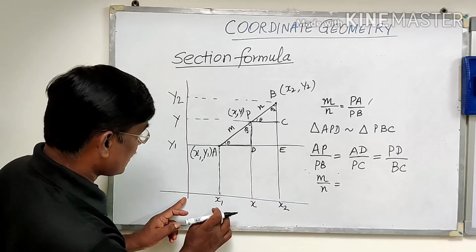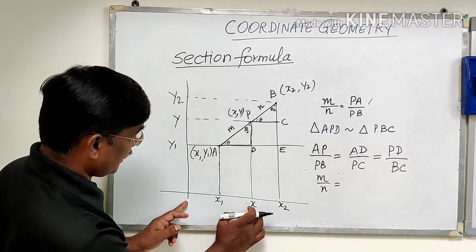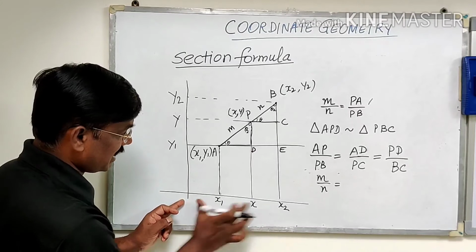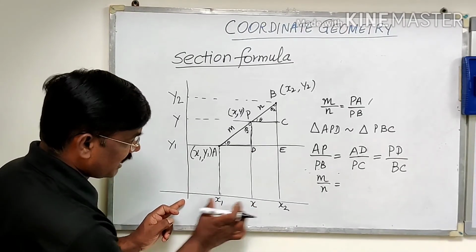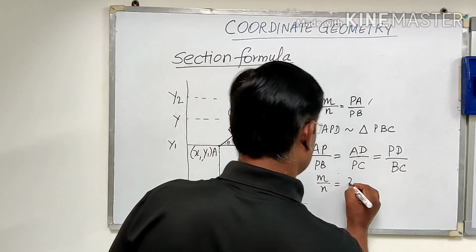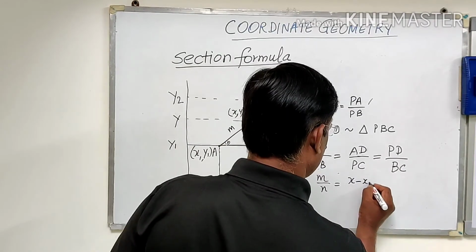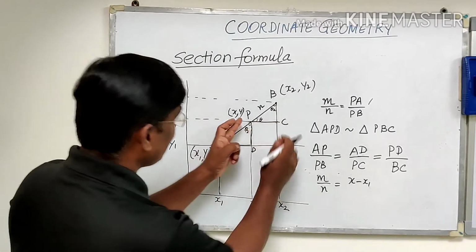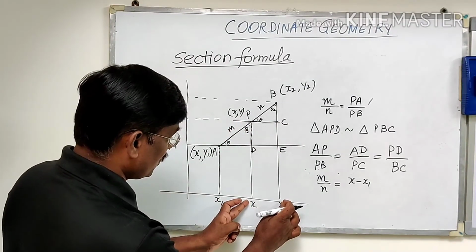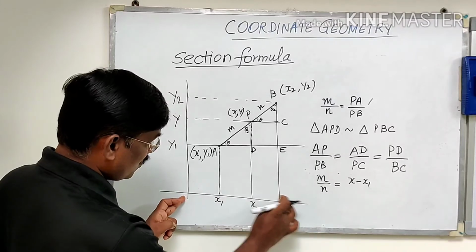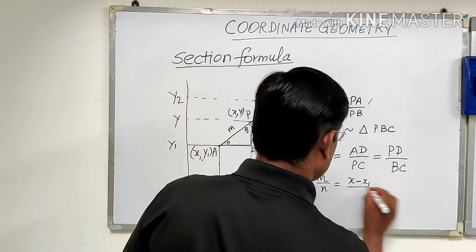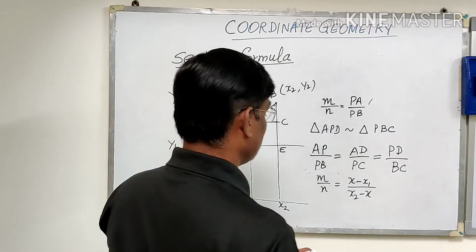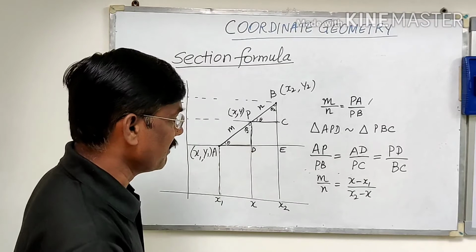So x minus x1, right? x is the total length. x1 is this much length. So x minus x1 gives this length. x minus x1 is AD. What is PC? PC is the distance between these two. So x2 minus x. Right? Now you cross multiply this.